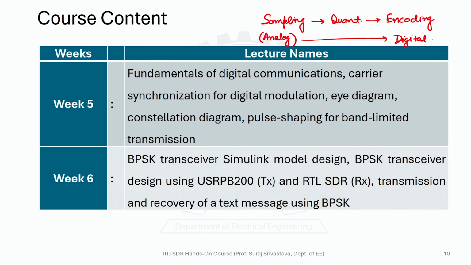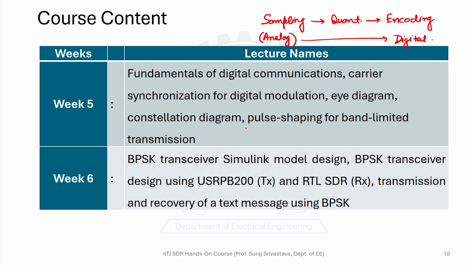So these are the fundamentals of digital communication, which we'll cover in the initial lectures of week 5. We'll see the importance of carrier synchronization for digital modulation. And then there are many other concepts, like the constellation diagram related to a digital modulation scheme, and the eye diagram. And if you want to band limit the digital transmission, then you have to use a suitable pulse shape which reduces the inter-symbol interference and also limits the bandwidth.